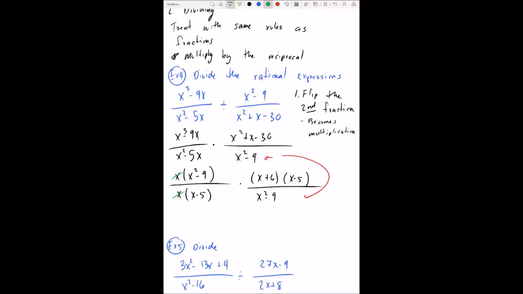X's, x minus 5, and this x squared minus 9. So if we write what we have left over, there's nothing left over here, so it is just 1. So we'll have 1 over 1 times x plus 6 over 1. So 1 over 1 times x plus 6 over 1 is just x plus 6.